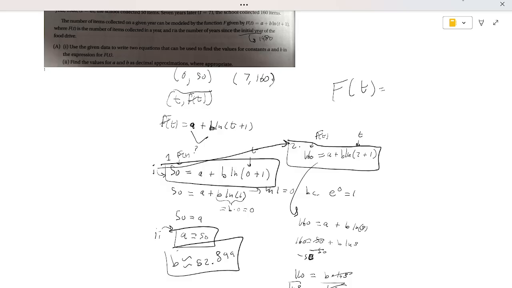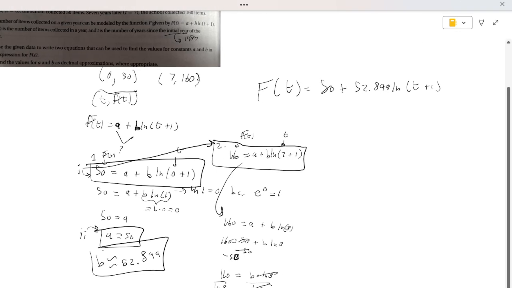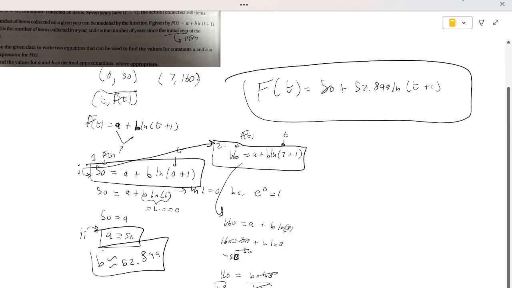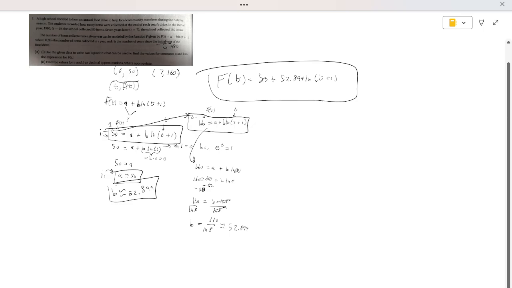So F of t is equal to 50 plus 52.899 natural log of t plus 1. That would be our final expression for F of t. It's not really asked explicitly, at least not in this part.